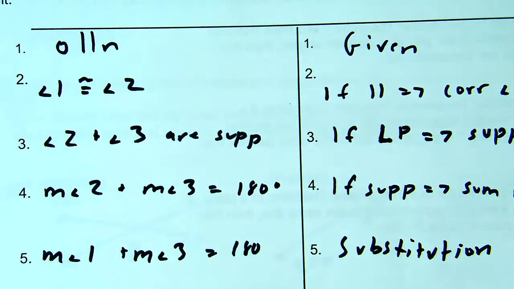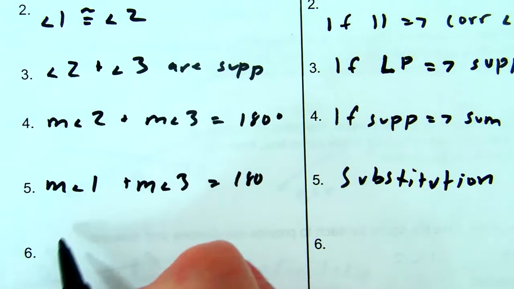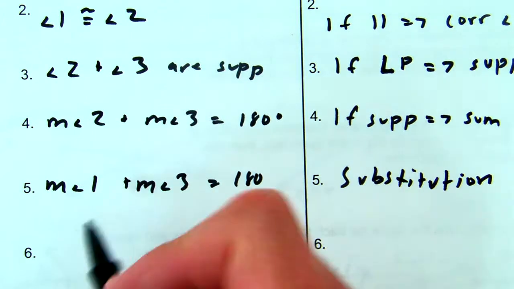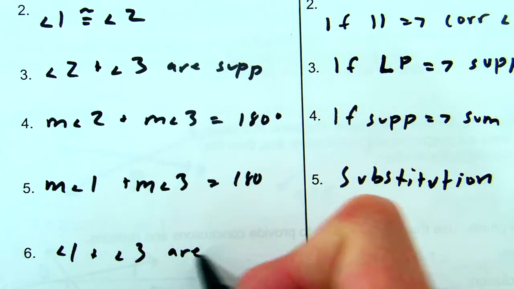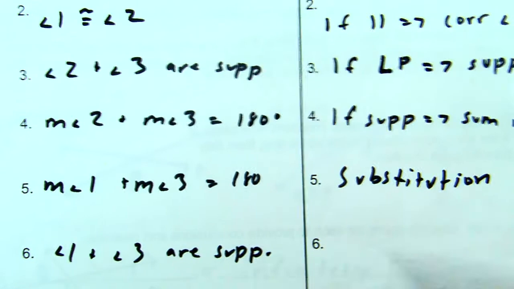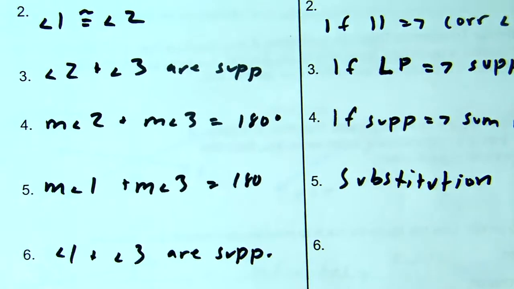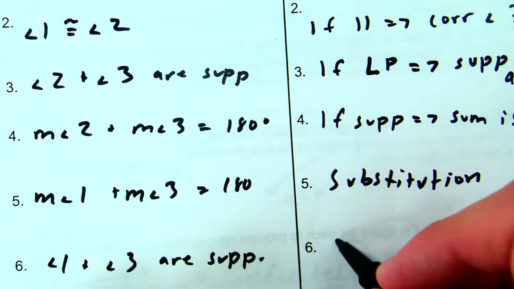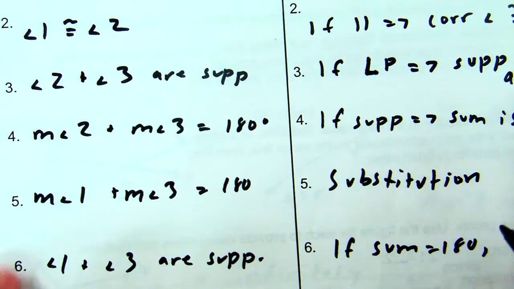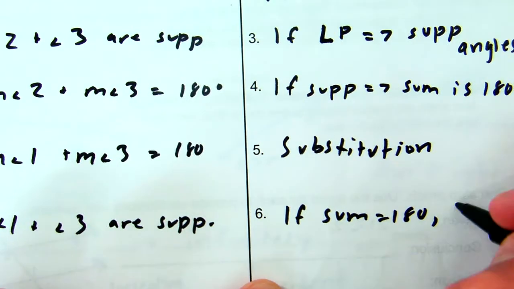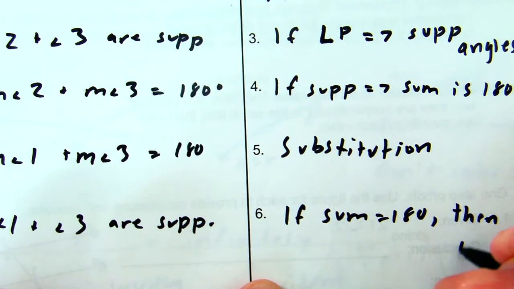And then now, if you look at our most recent line, what we have is that the measure of angle 1 plus the measure of angle 3 is equal to 180. So then because 1 and 3 add up to 180, you can say that angle 1 and angle 3 are indeed supplementary. Okay, so then the reasoning for that is, if the sum is equal to 180, which is what we have, then supplementary.